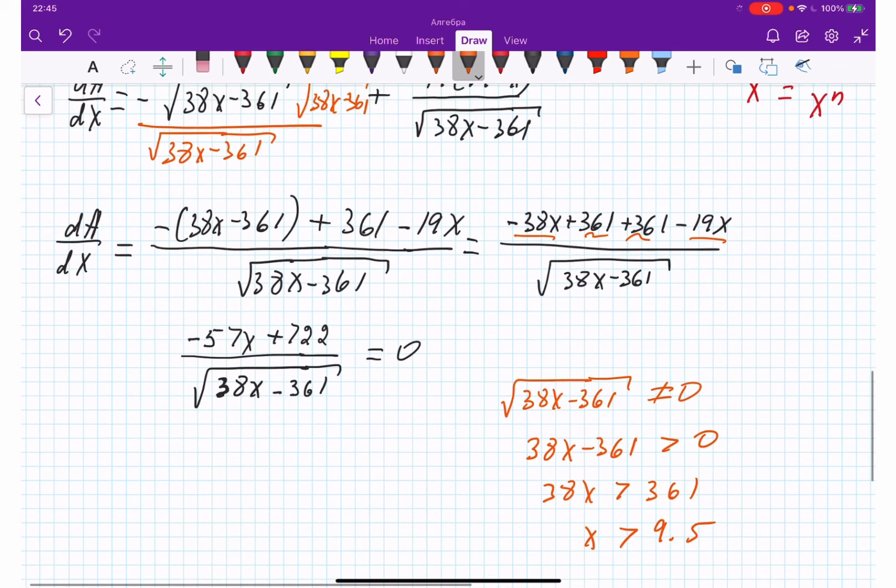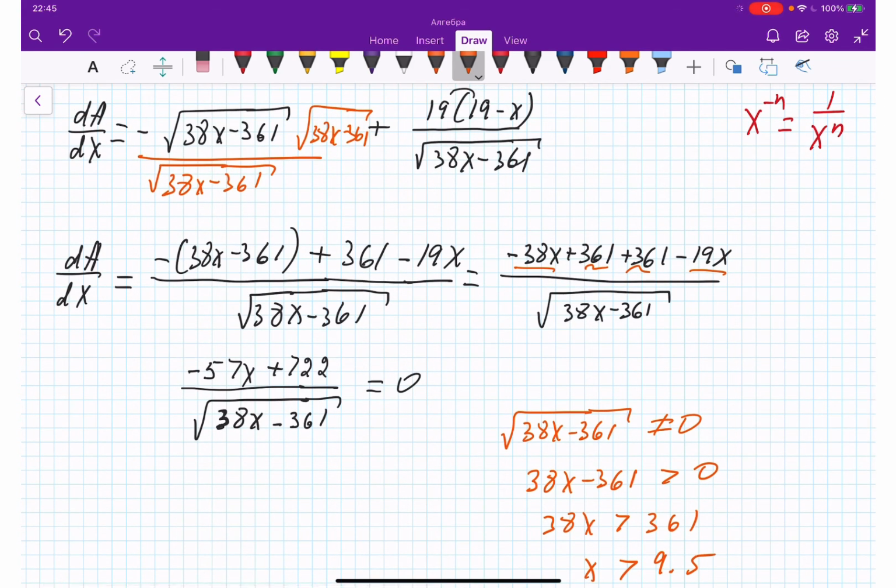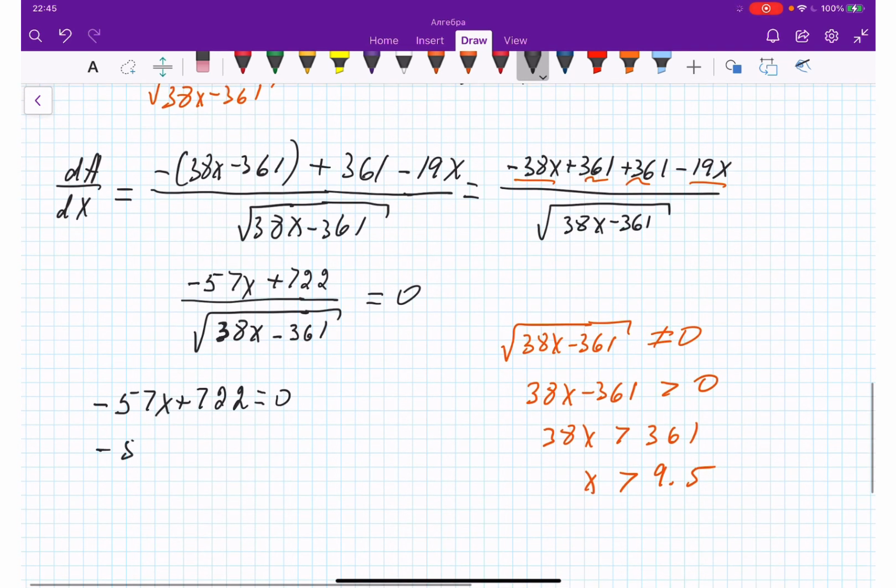All right, since the denominator cannot be equal to 0, we have only one choice: the numerator equals 0. Negative 57x plus 722 is equal to 0. Negative 57x is equal to negative 722, and x is equal to 722 divided by 57.